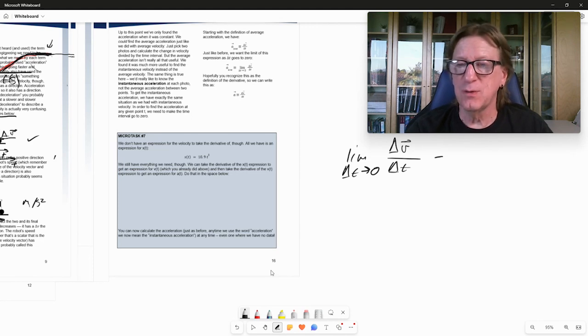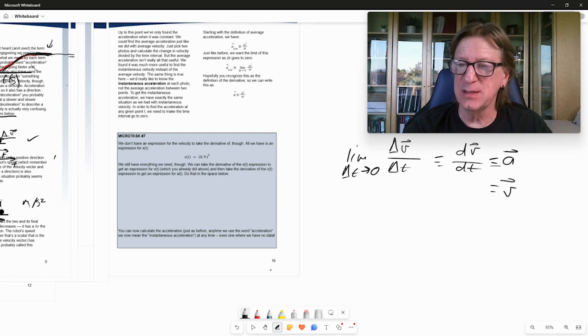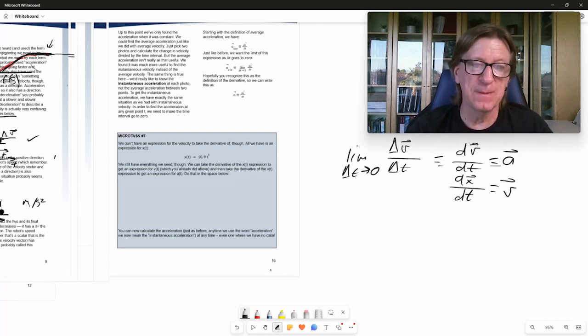Hopefully you recognize this as being the derivative of the velocity with respect to time, and that is defined to be my instantaneous acceleration. So just like my instantaneous velocity was the derivative of the position function with respect to time, my acceleration is the derivative of the velocity with respect to time.